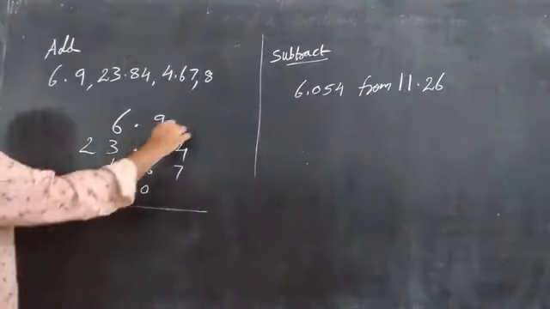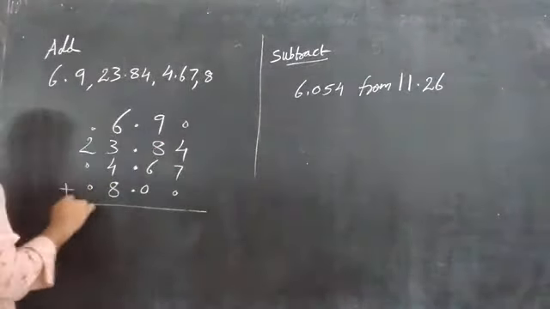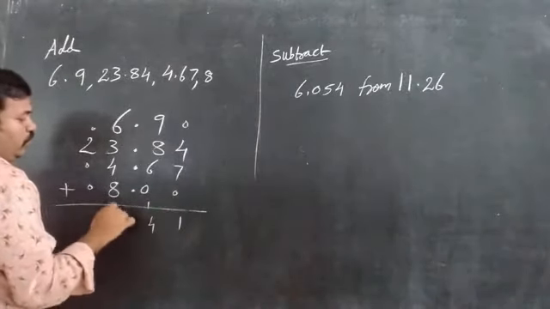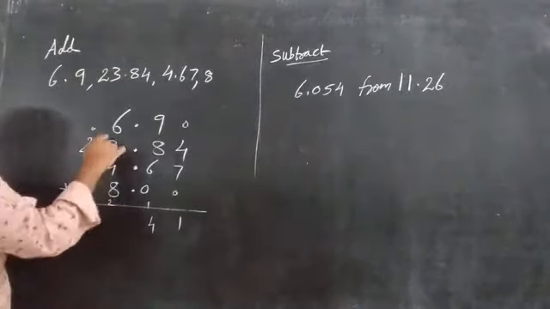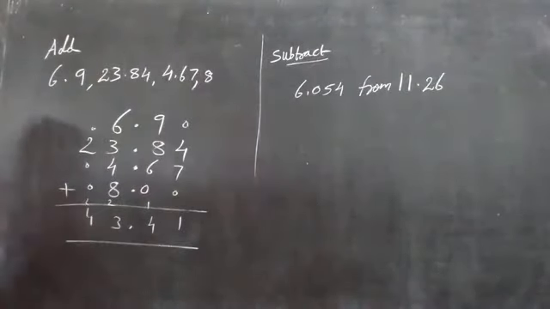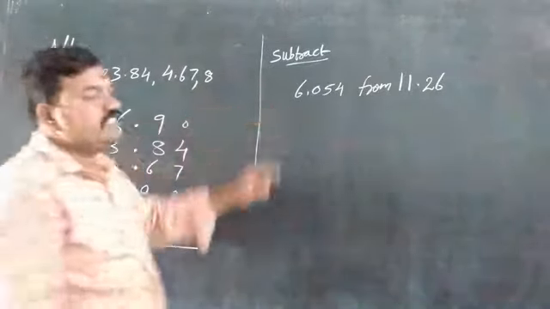This is the arrangement; in each remaining place keep zeros. Then add: 9 plus 1 is 10, 10 plus 8 is 24. Point below point you have to arrange. The answer is 43.41.